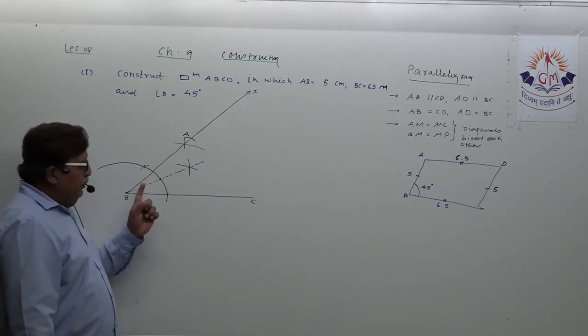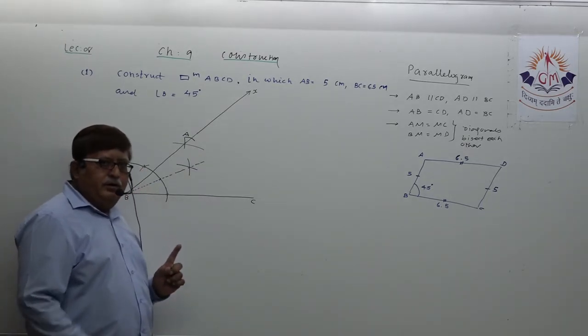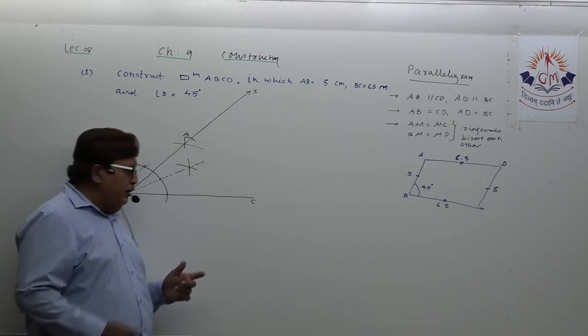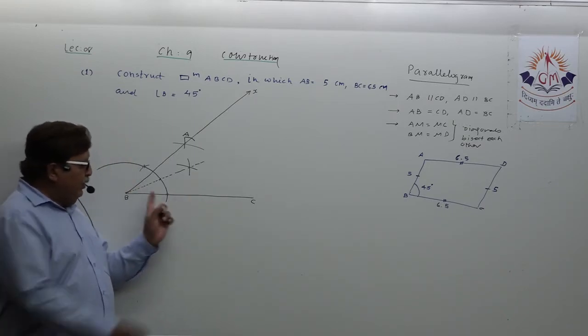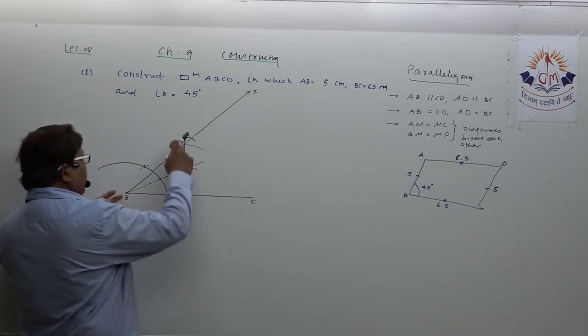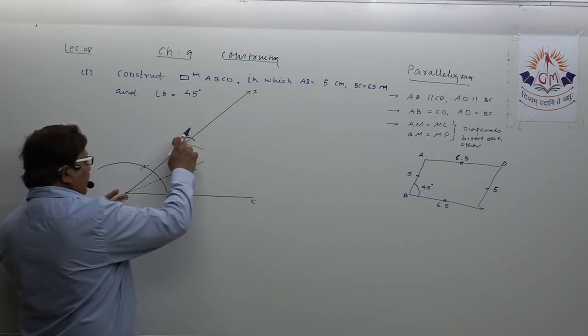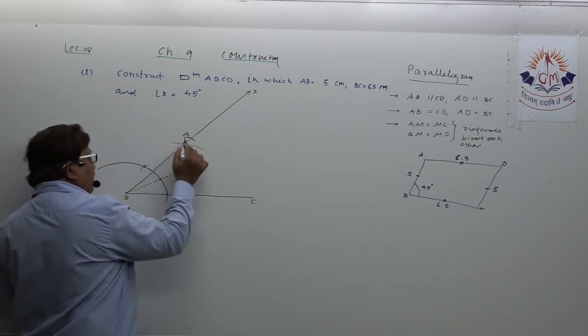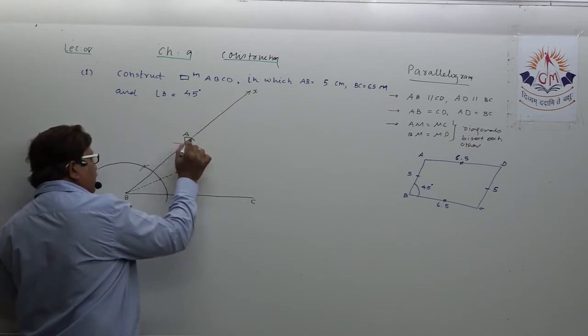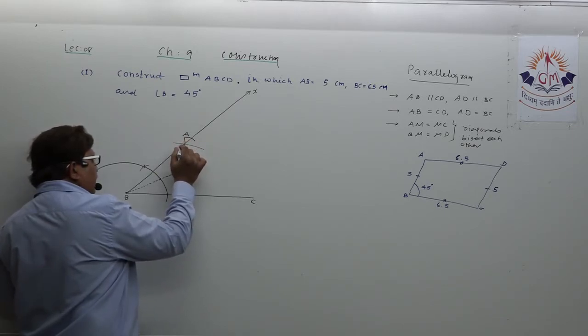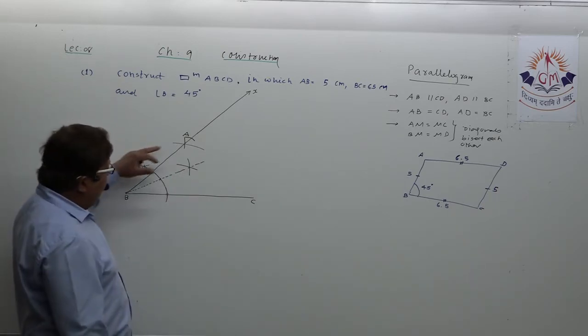See, dear student, I am drawing the construction with some arbitrary measurement. I am expecting that this is 6.5, so this must be 5. So it may happen that you may get this intersection point here. Understand? Don't worry about that.